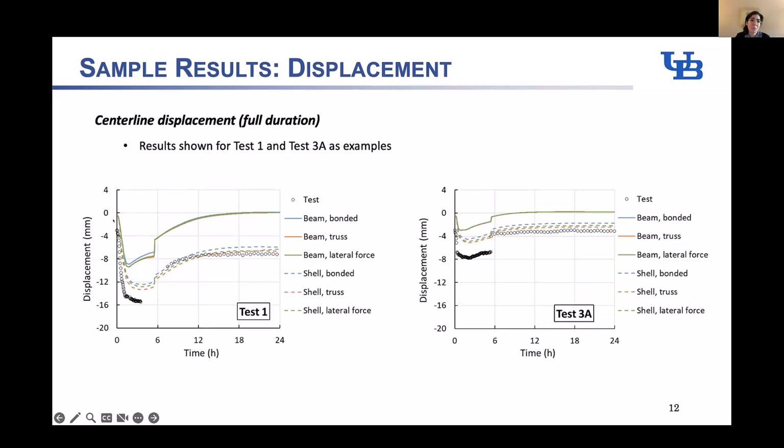But if we remove that and not look at the ambient, but we have the load, then have the fire, the shell element actually does pretty well. So these blank dots are the test, and the dashed lines are the shell elements. So the shell element actually captured the cooling pretty well.